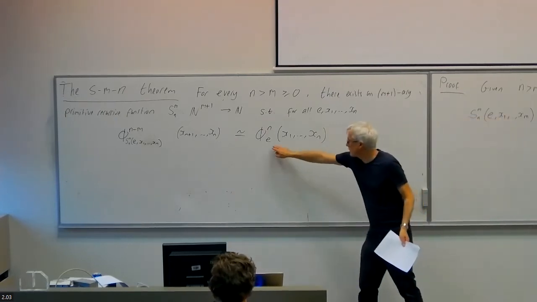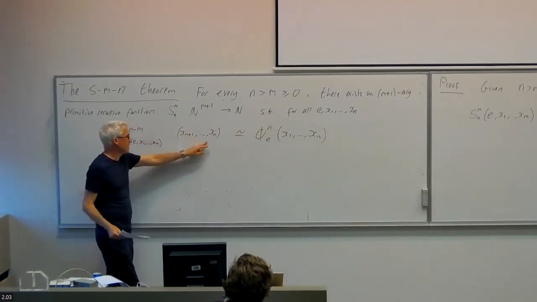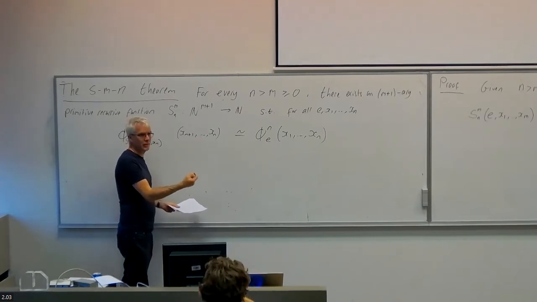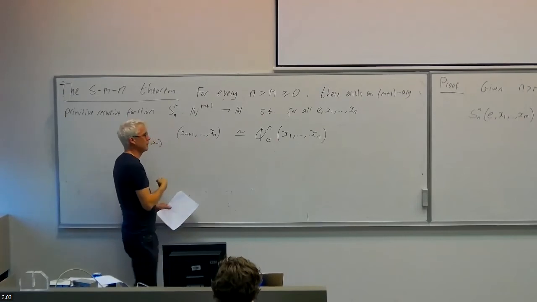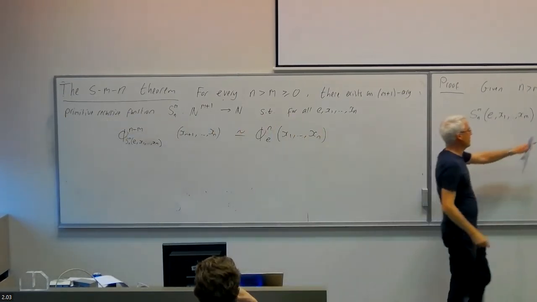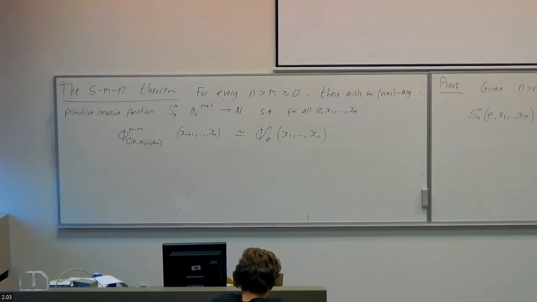Given a Turing machine that computes this more general function with more arguments, we can convert it into one that computes this function by simply writing x1 up to xm on the input tape in front of the arguments x_{m+1} to xn given to the Turing machine M prime, and then behaving like the Turing machine M. So M prime is the Turing machine that begins execution by writing these m arguments to the left.